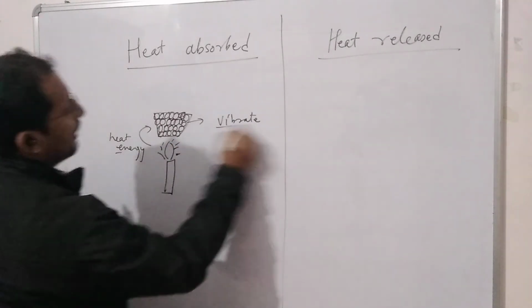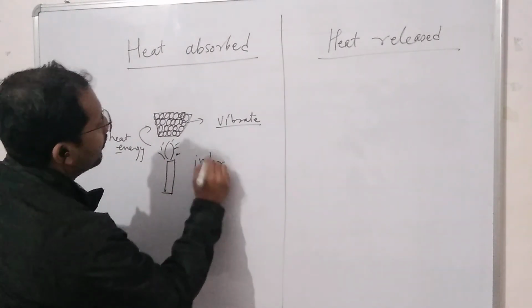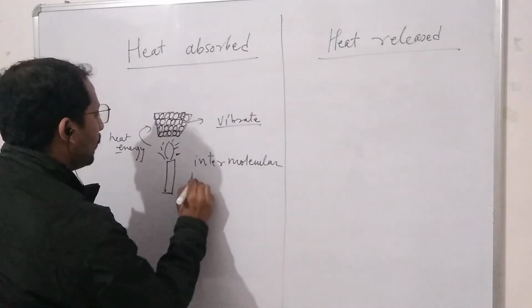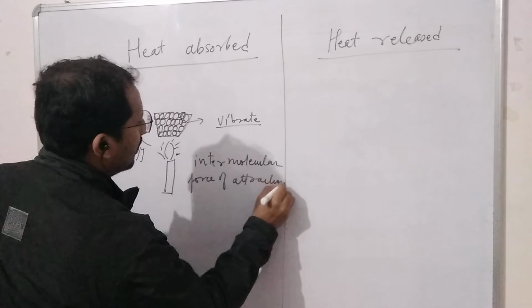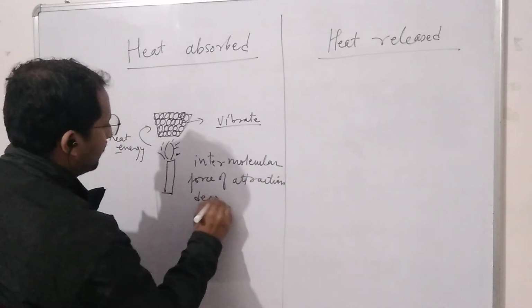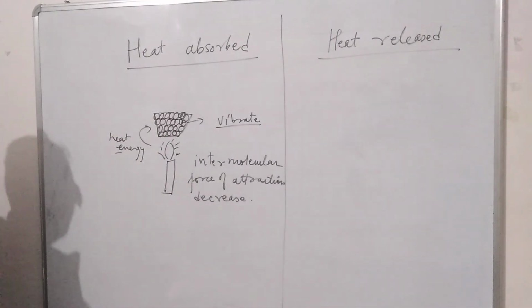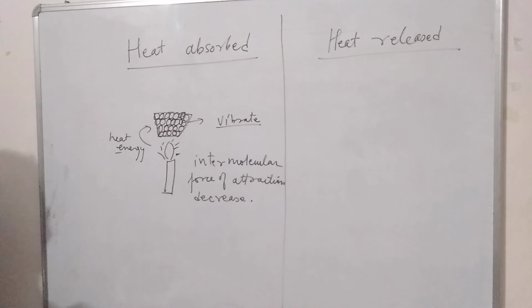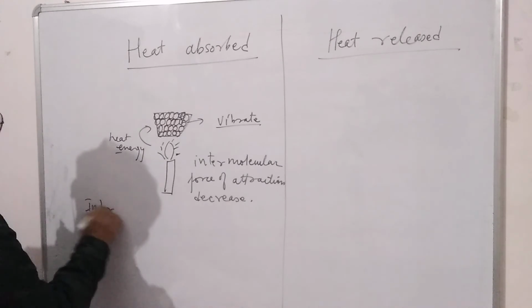So, instead of vibrating at their mean position, the intermolecular force of attraction decreases between the molecules. Okay? Intermolecular force of attraction decreases. As soon as the intermolecular force of attraction decreases, the intermolecular space increases.